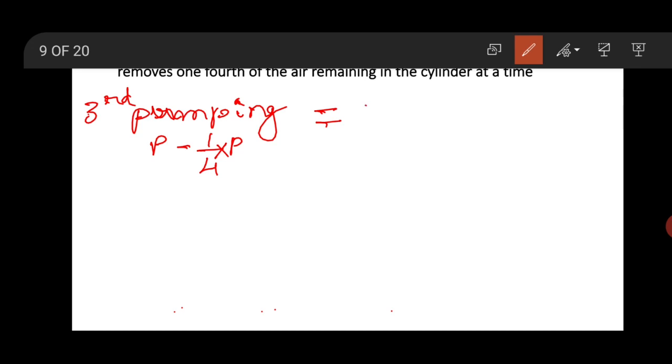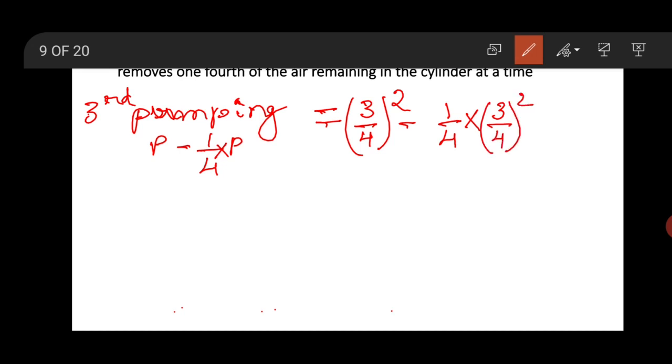What is the present air? 3 by 4 whole square minus 1/4 of 3 by 4 whole square, right? 3 by 4 whole square means 3 square, 9, divided by 4 square, 16.